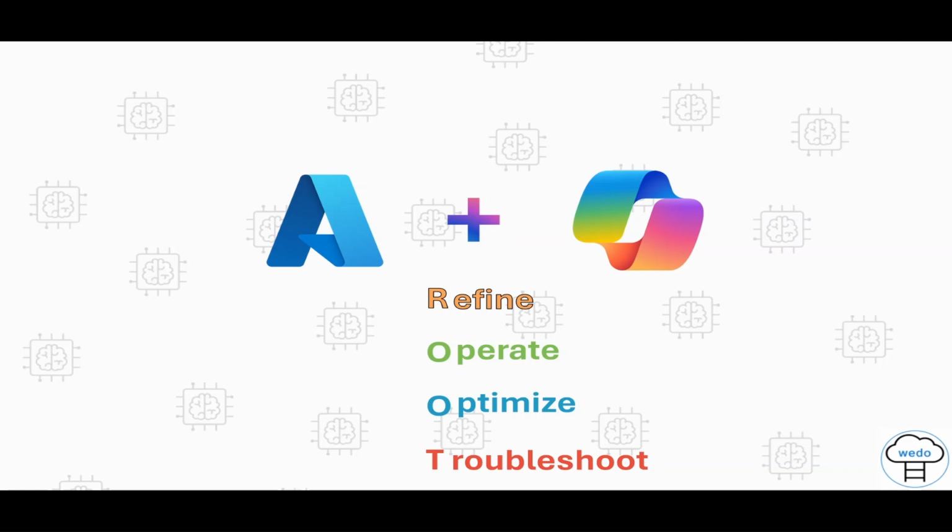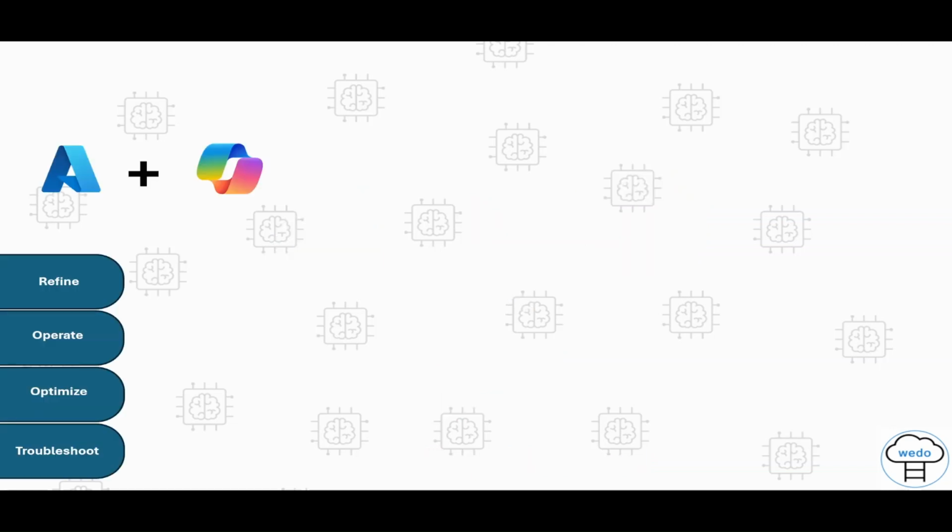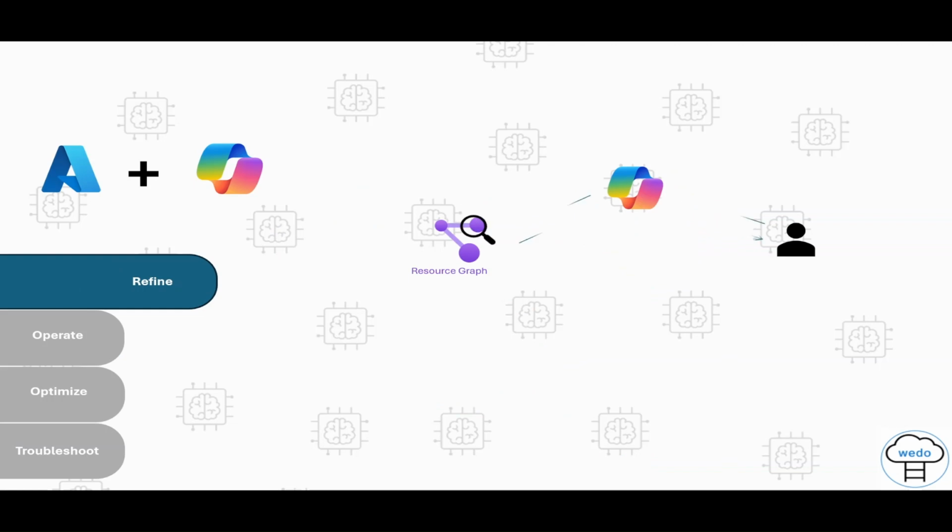So refine, operate, optimize, and troubleshoot. In this presentation, I'm going to talk about each part of this ROUTE concept. So let's start with the first one, which is refine.